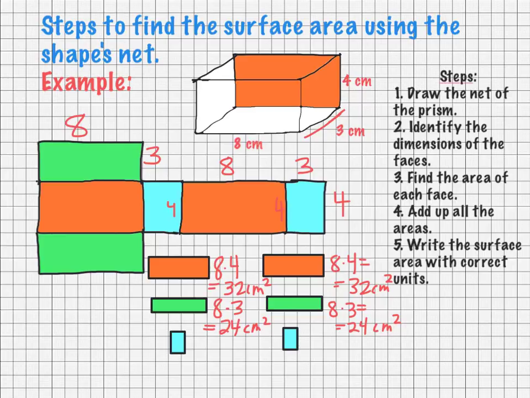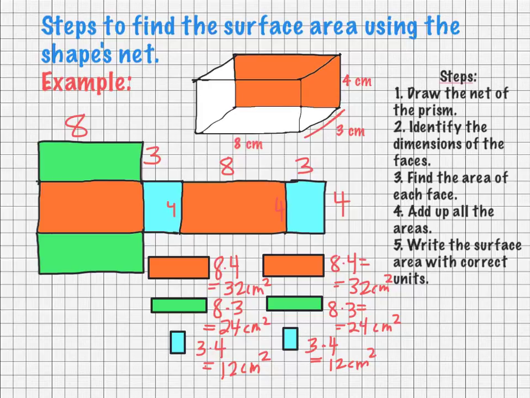And last, the 2 teal-colored bases, the right and left, had dimensions of 3 centimeters by 4 centimeters, which equaled 12 centimeters squared. The same for the other teal-colored base: 3 by 4, which was 12 centimeters squared.